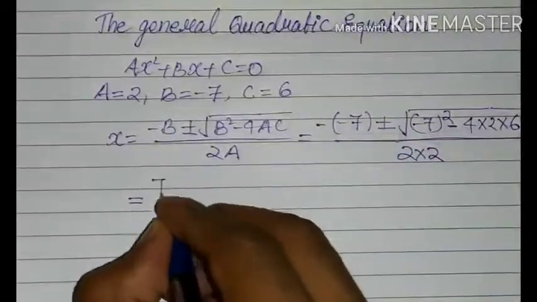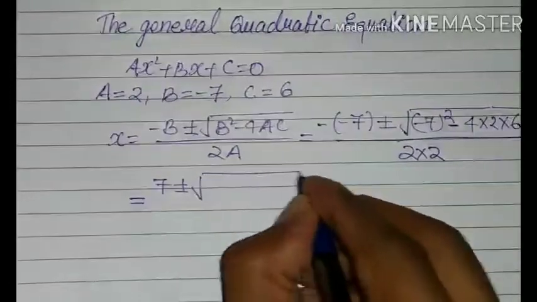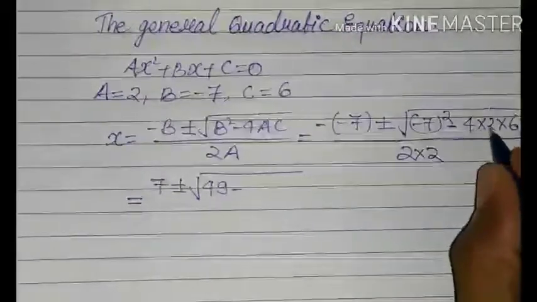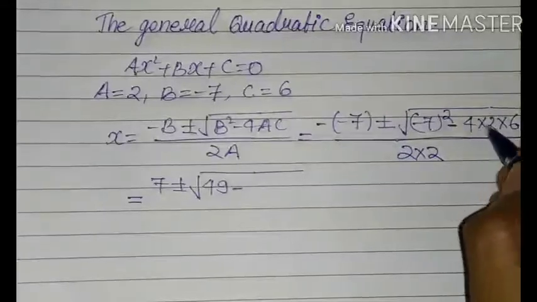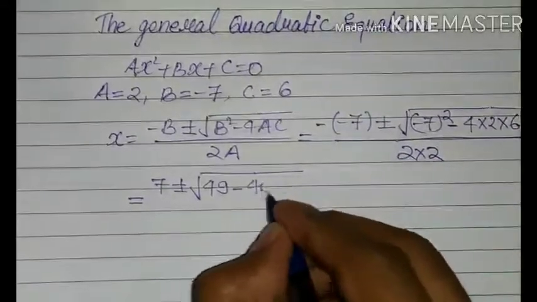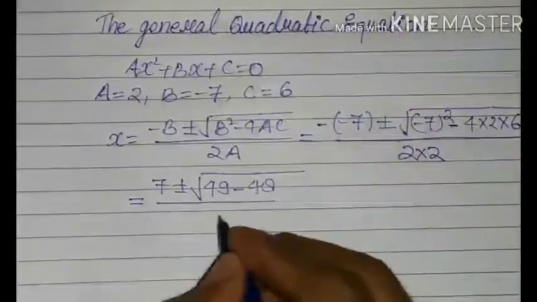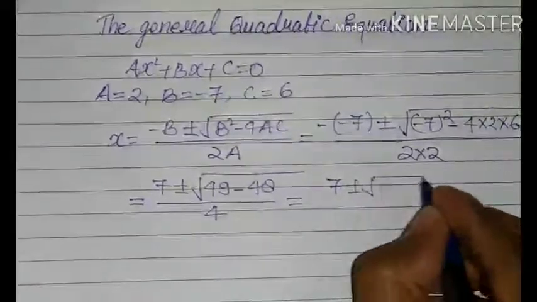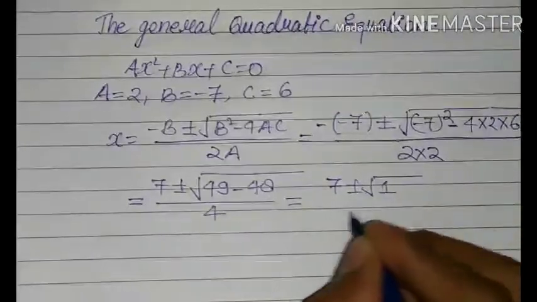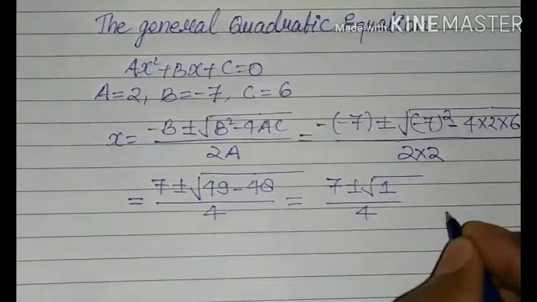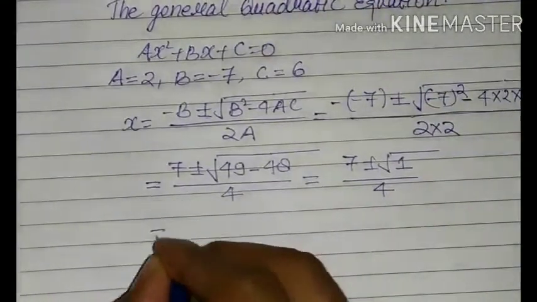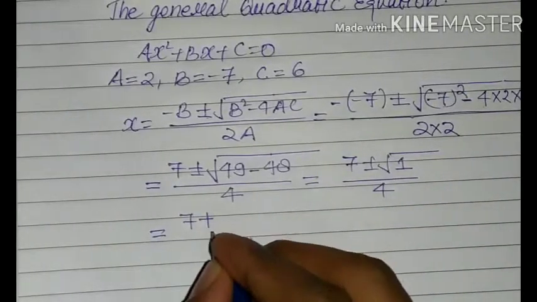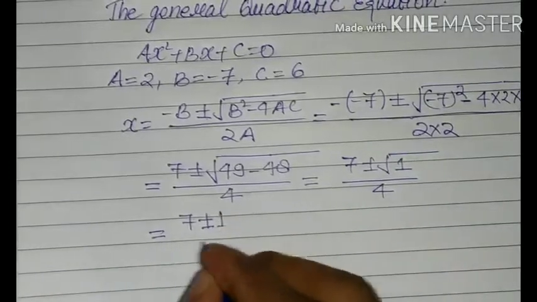Okay guys, then it will convert minus of minus 7 is plus 7 plus minus root over minus 7 square is 49 minus 4 into 2 into 6, 4 twos are 8, 8 sixes are 48, then 48 upon 2 into 2 is 4, equals to 7 plus minus root over 49 minus 48 will be 1 by 4, and this will equal 7 plus minus root over 1 will be 1 by 4.